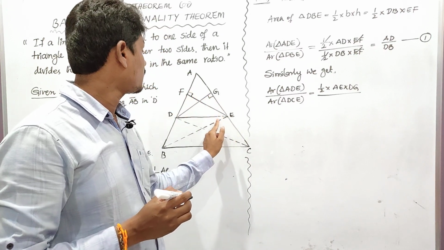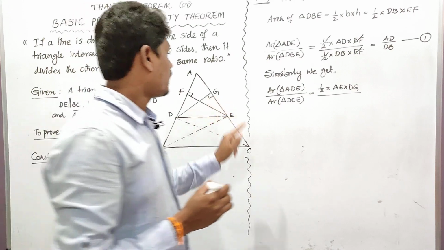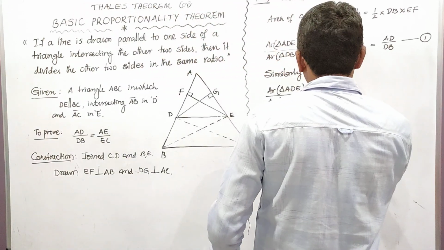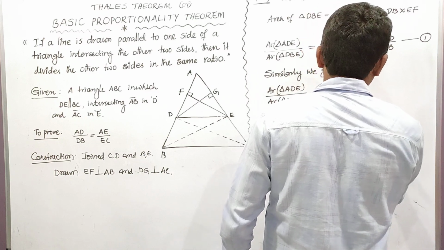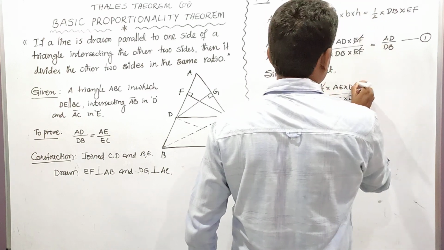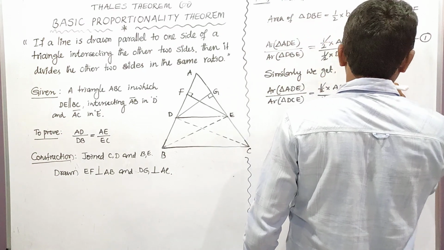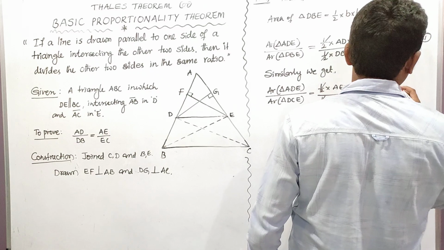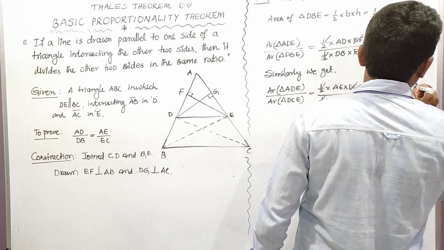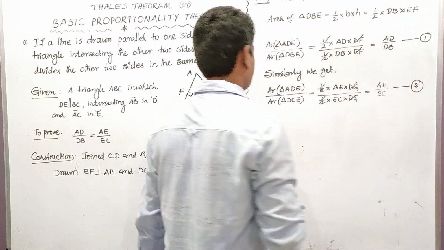Again it is an obtuse angle triangle, so this is the height of triangle DCE: half into EC into DZ. So see student, half gets cancelled, DZ gets cancelled, so you get AE divided by EC. Let it be equation number 2, student.